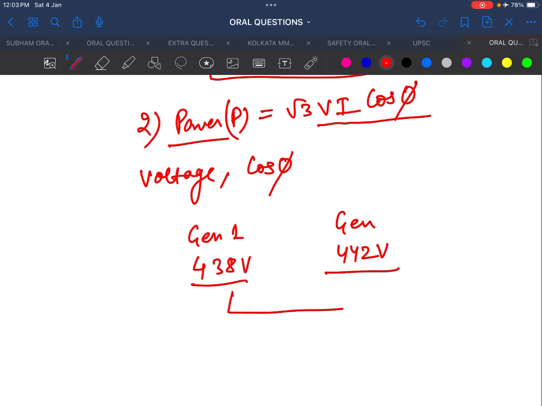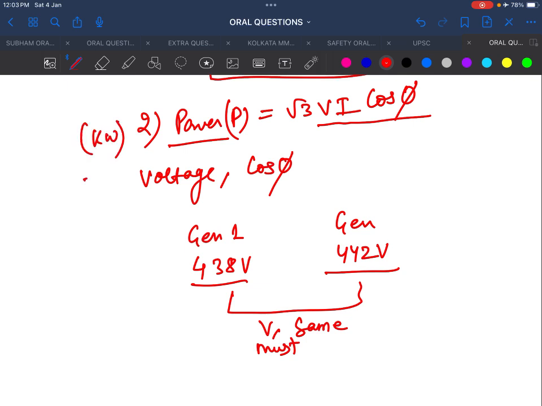If you are paralleling these two generators, the voltage must be the same. If there is any difference in the voltage, there will be a difference in our active power, that is, the kilowatt.